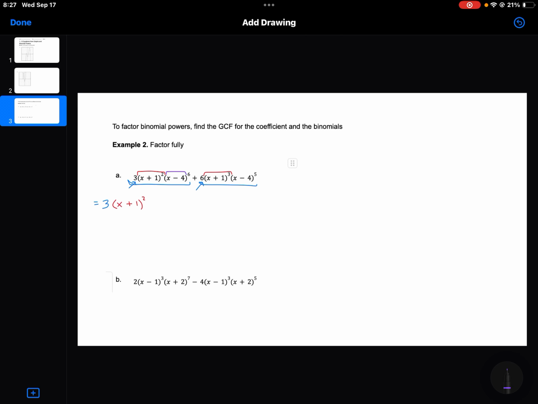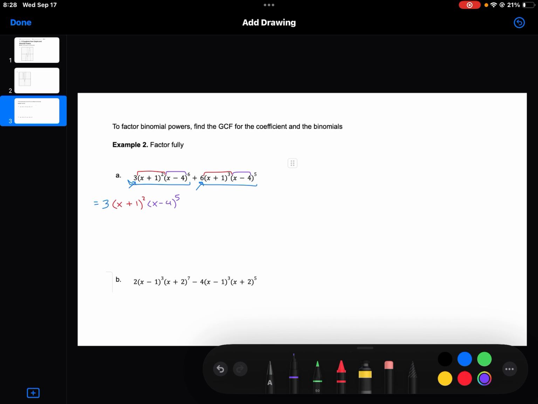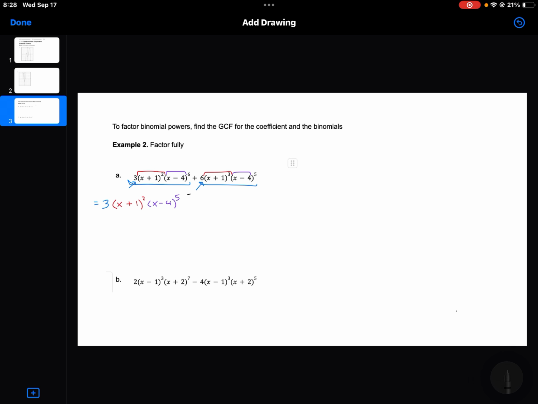I can see that there's an exponent 6 in the first one and an exponent 5 in the second one. So this means the most that I can take out of both of those would be x minus 4 to the exponent 5. And then this is going to allow me to write my remaining information in those terms after taking out those common factors.